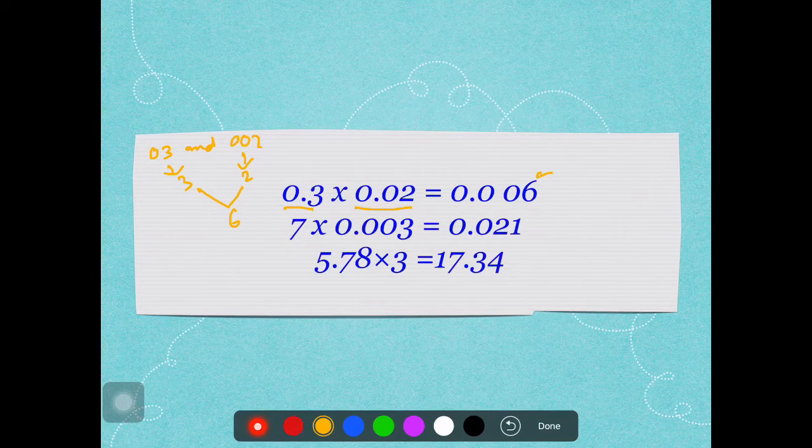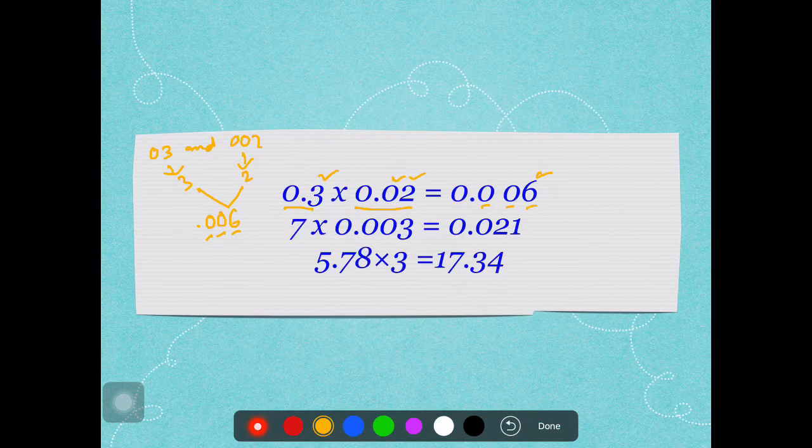Now count the number of decimal places. Here we have 1 decimal place, here we have 2 decimal places. So total becomes 3. So here I had only 6. So how to make it 3? Just put zeros at the left, so that it becomes 3 places. In this way, we can multiply 0.3 into 0.02, right?